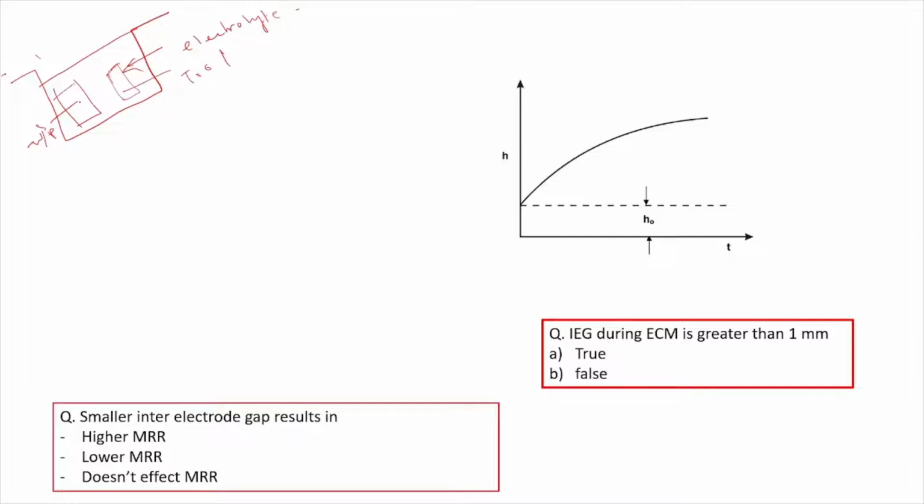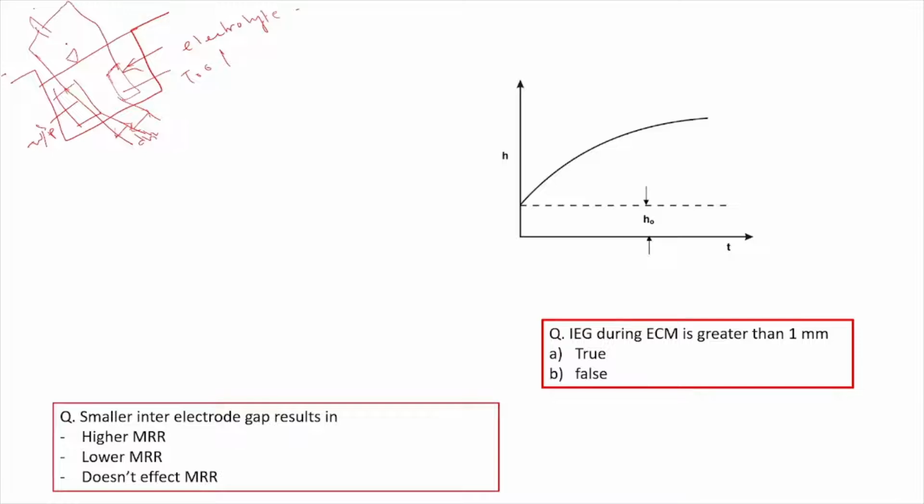Okay, so dH will come later, and this distance is called h. Okay, this is the potential difference which occurs between tool and workpiece.